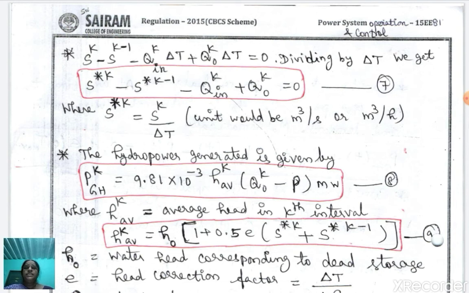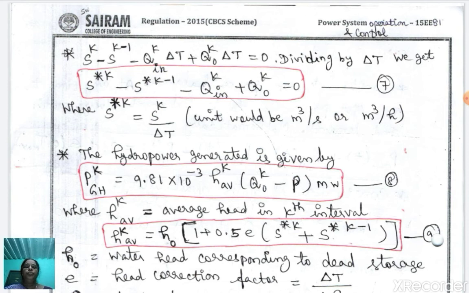Now, the next constraint: S power k minus S power k minus 1 minus q in k del t plus q naught k del t equal to 0. Dividing by del t, we get S asterisk k minus S asterisk k minus 1 minus q in k plus q naught k equal to 0, where S asterisk k is equal to S power k divided by del t.